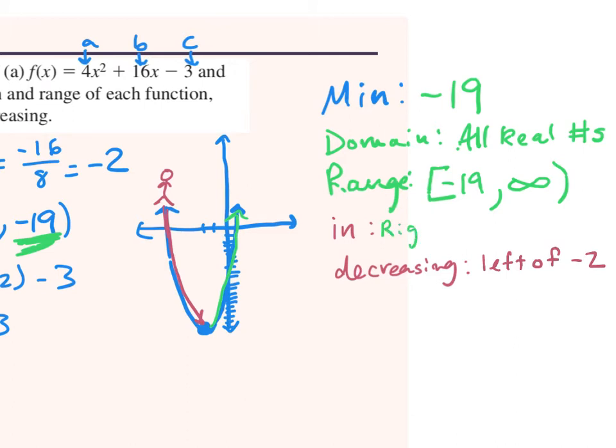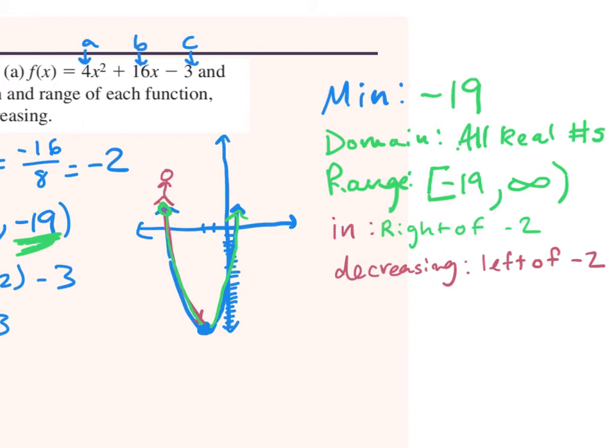I don't really get the increasing and decreasing. What part do you not get about it? Okay, so we always start from left to right. We start with our smallest x value, so we start over here and then work our way to the right. So our graph starts here, and we are going this way, so we are decreasing. We would have a negative slope here, so that means we are decreasing.